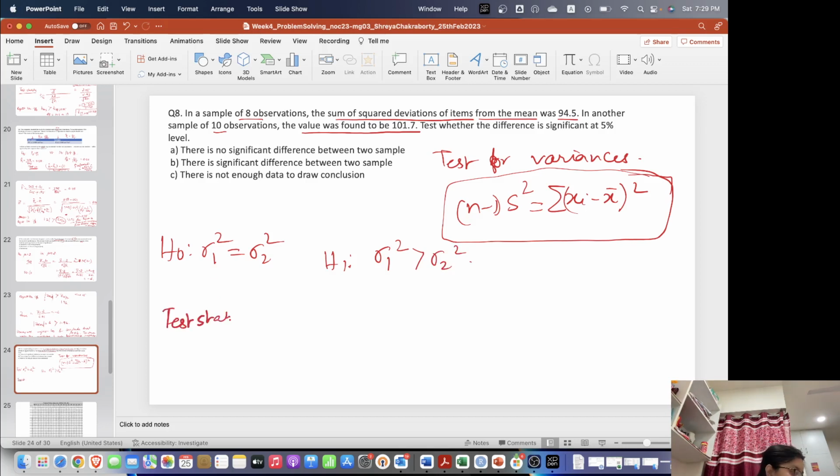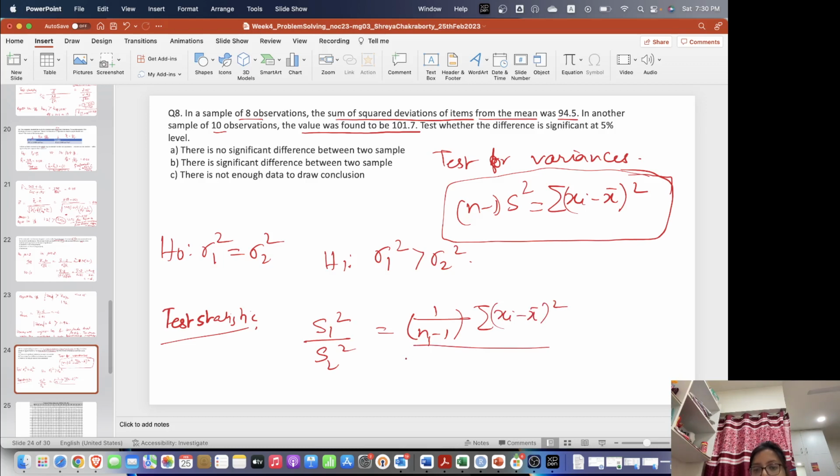So here the test statistic would be S1 square by S2 square, which is nothing but 1 by n1 minus 1 into summation xi1 minus x1 bar whole square, by 1 by n2 minus 1 summation x2i minus x2 bar whole square.